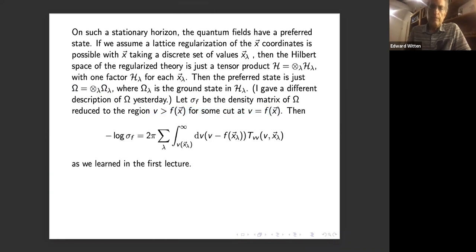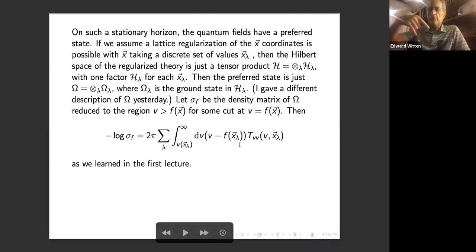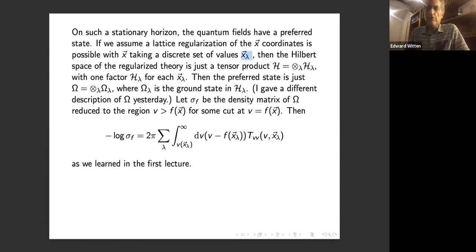Then, you see, in the first lecture, we analyzed two-dimensional Minkowski space and a quantum state on a null line in two-dimensional Minkowski space. If you make a lattice regularization and just look at what happens at a particular value of the angles, we're back in 2 dimensions. And so we deduced this formula, well, except for the sum over lambda, in the first lecture.